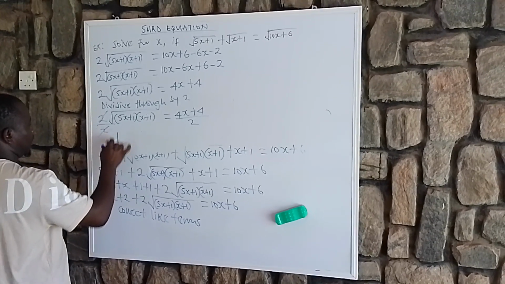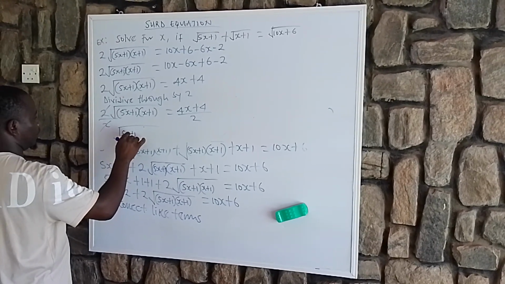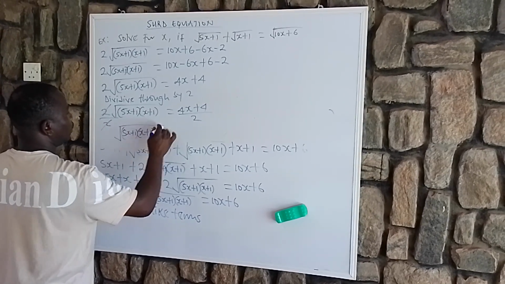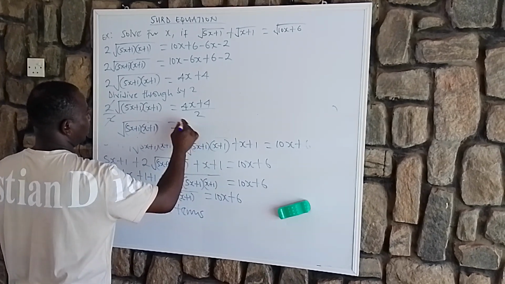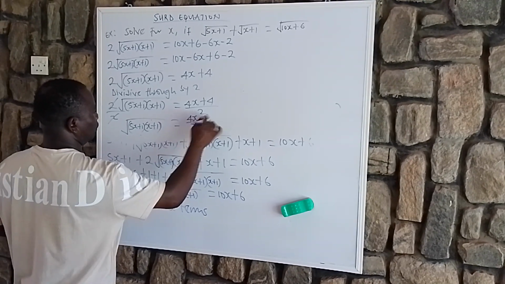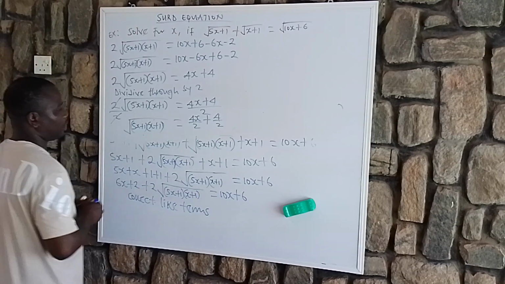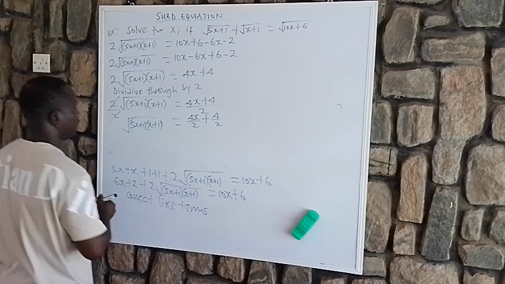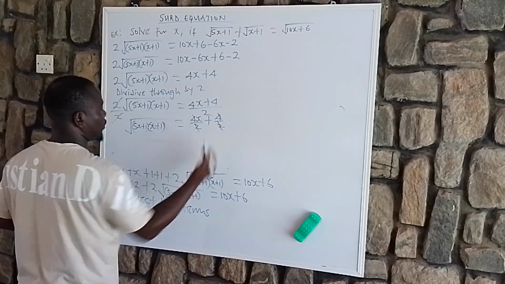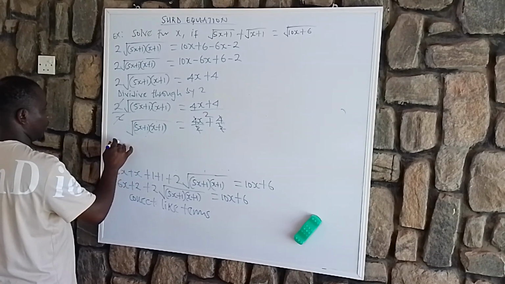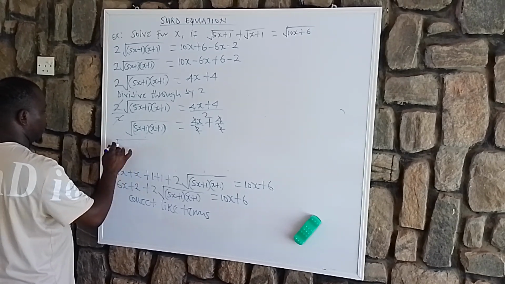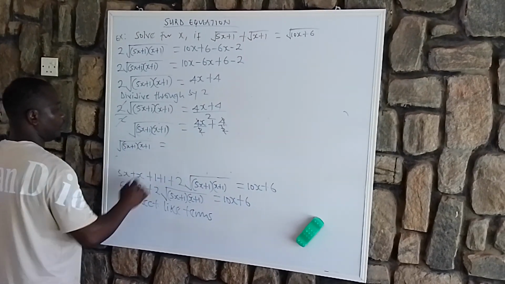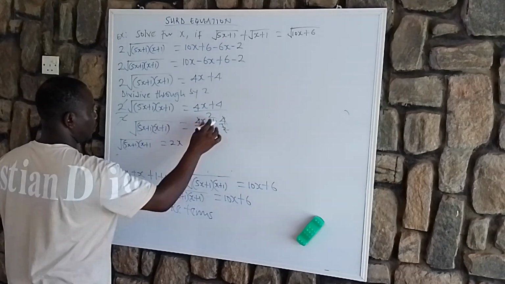So the left side will now be square root of 5x plus 1 all in bracket x plus 1, equals 4x all over 2. I'm going to break it down for the sake of clarity. If you can see what I am saying, this and this will go. So here will now be square root of 5x plus 1 times x plus 1 equals 2x plus 2.